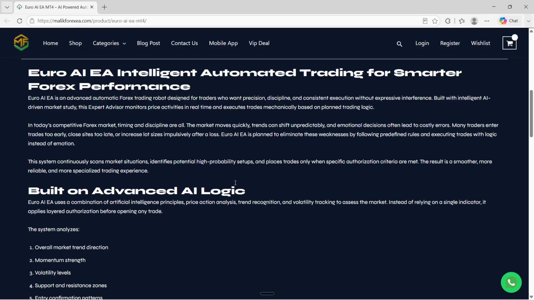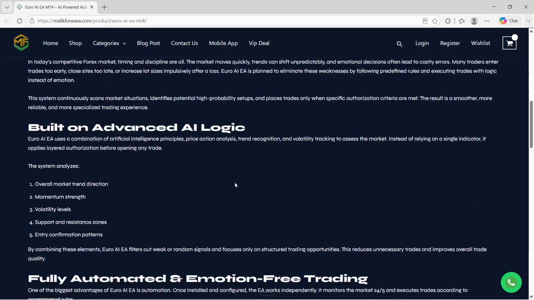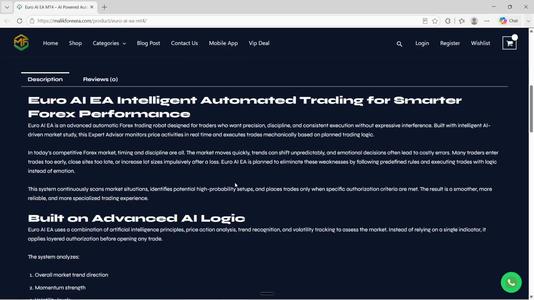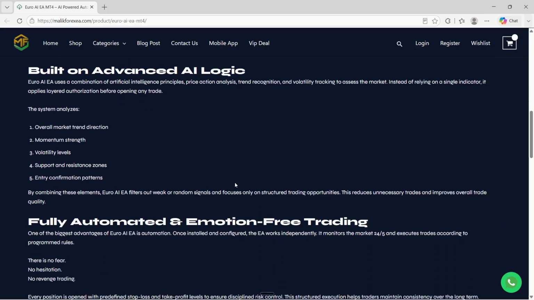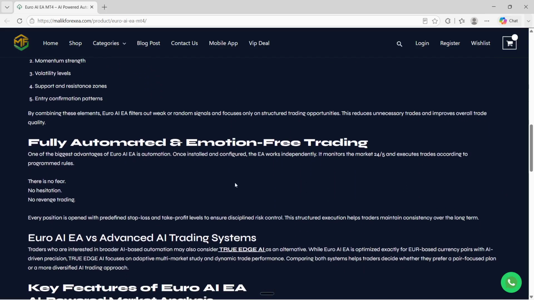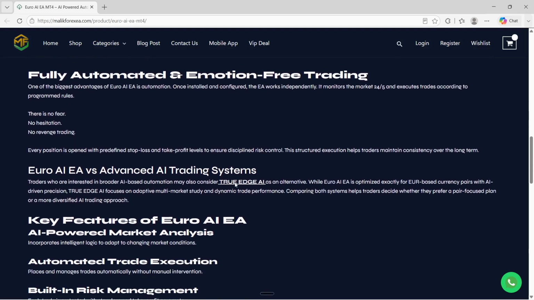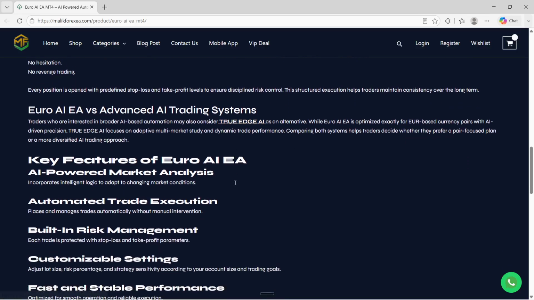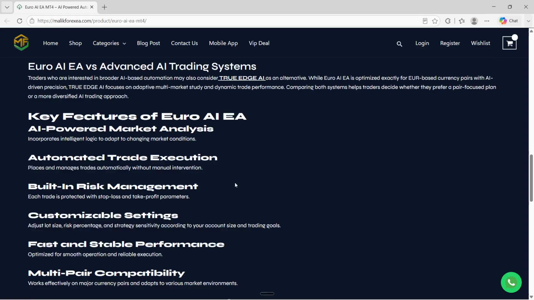It is recommended for ECN or raw accounts with suitable leverage, a minimum balance of $1,000, and strict adherence to the intended pair and time frame. Default settings are preferred, and the EA is meant to run on a single chart without constant parameter changes.